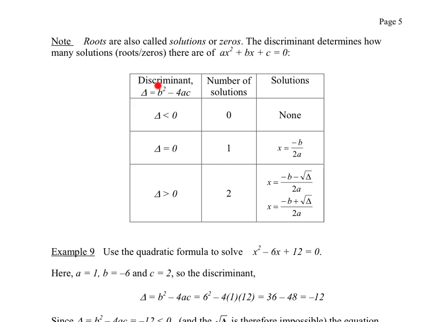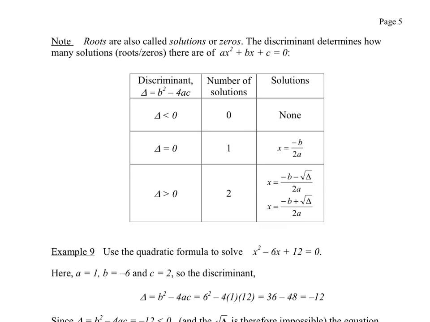So if b squared minus 4ac is negative, we get 0 solutions. If, however, it's equal to 0, then we have negative b plus or minus the square root of 0. That's just going to be 0 added on to the negative b, so we end up with just this one solution here. And then if it's positive, like the two examples we've already done, then we get these two different answers here.